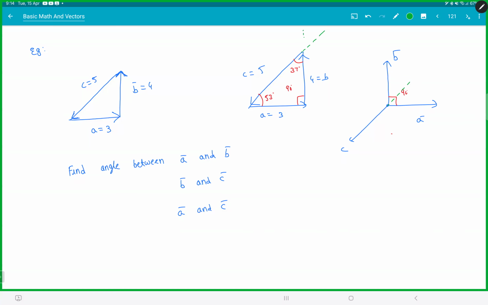Look at this thing here. If you extend like this, what was this angle here? This was 143, isn't it? So the angle between this and this will be how much? That is the angle between B and C. Wait, I'm not drawing that properly, I guess.